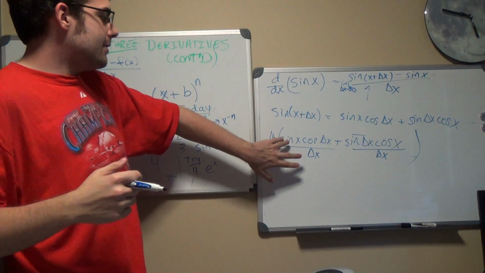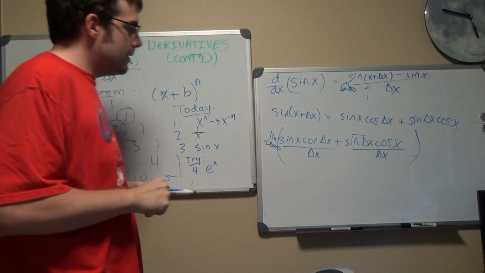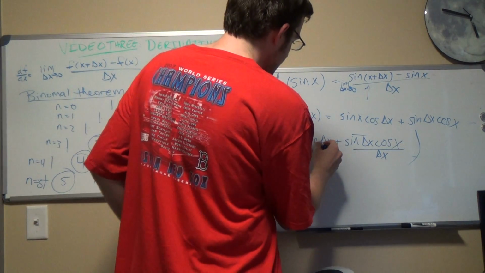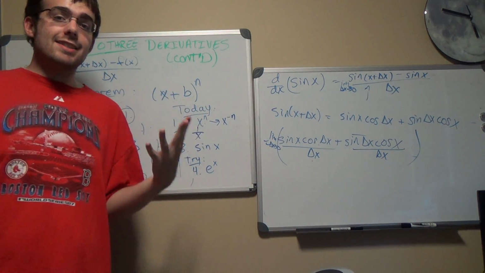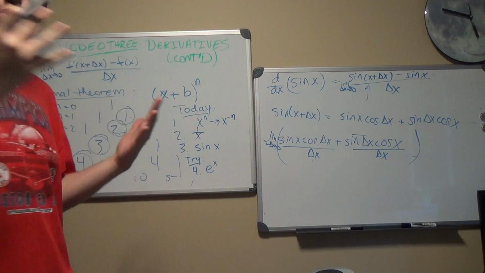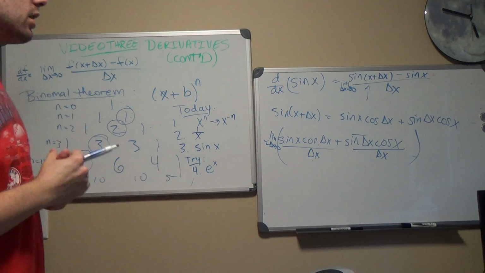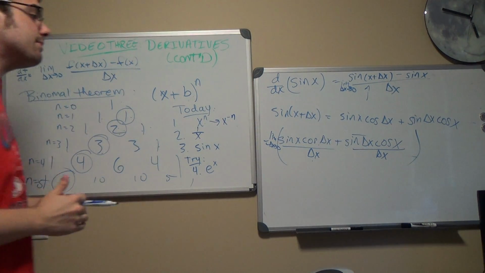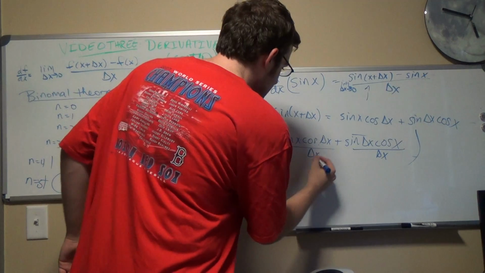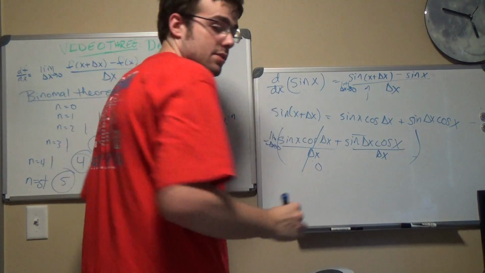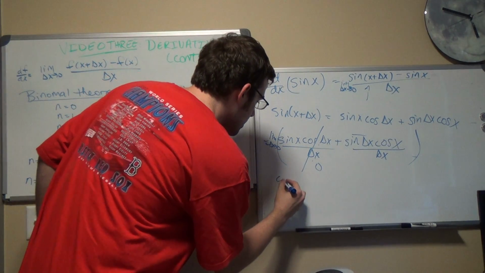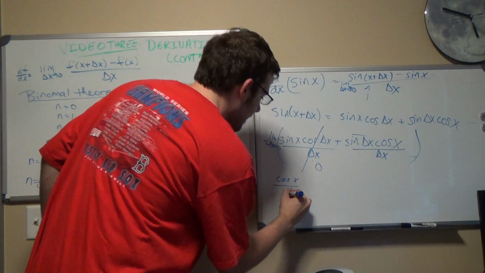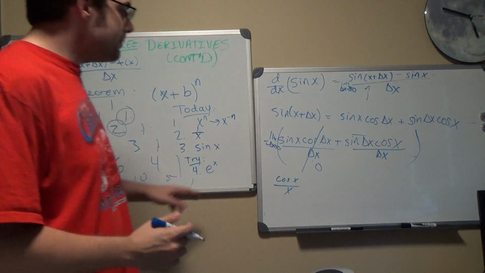But we have the cosine of delta x divided by delta x. That's not an identity, that's just 0. And you can prove this simply by looking at the graph. So this is just 0. You can look at the graph of cosine of x divided by x, and you'll see that.